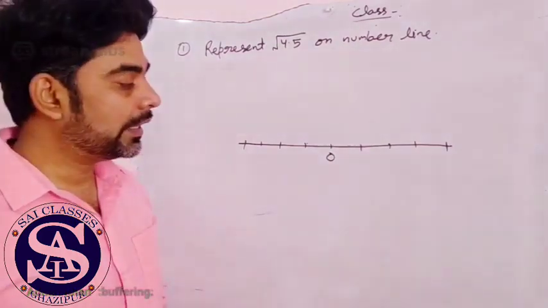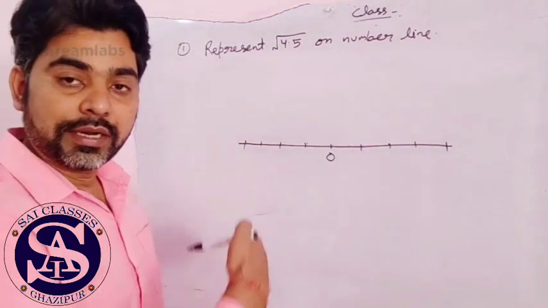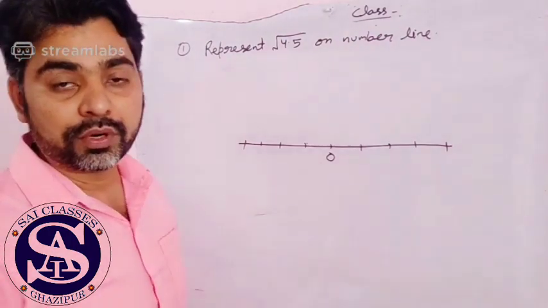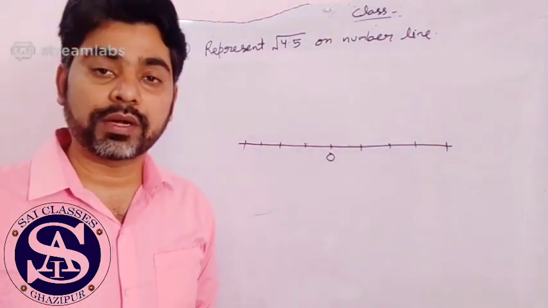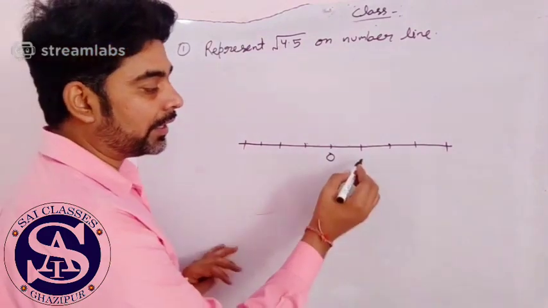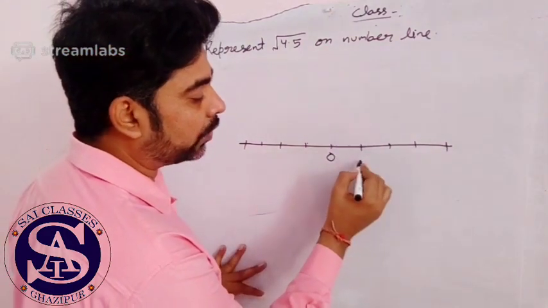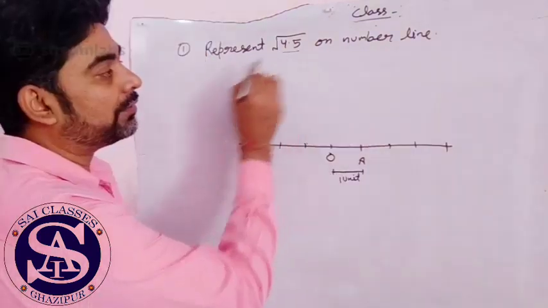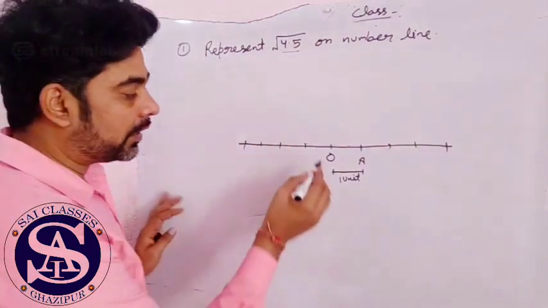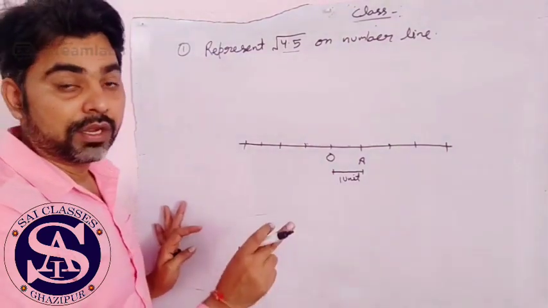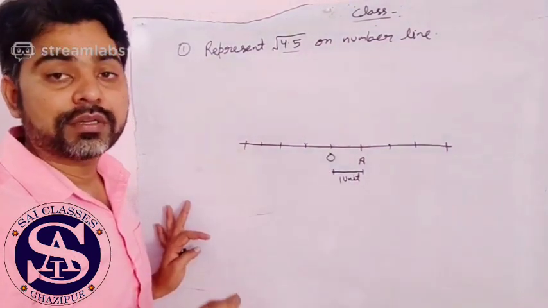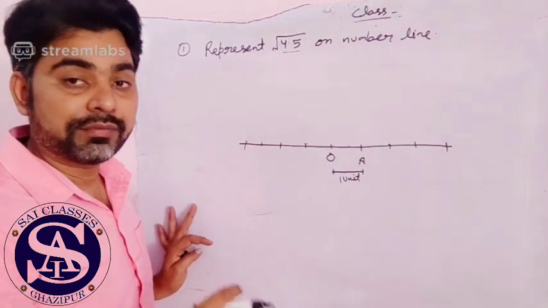Take a point A on the right of the origin at a distance of 0.5 unit. Take a point B on the left of the origin at a distance of 4.5 unit.